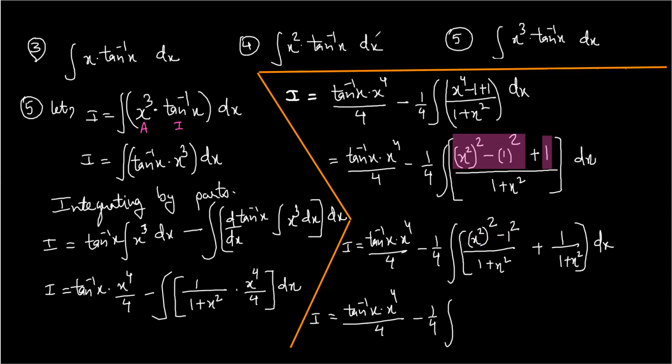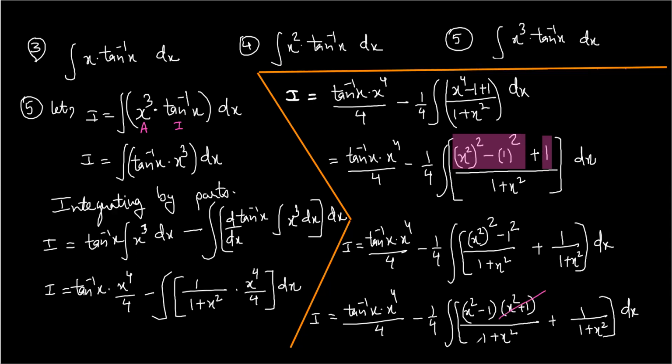So what do I get here? I get here a minus b into a plus b. So I get here x square minus 1 into x square plus 1, upon 1 plus x square plus 1 upon 1 plus x square and dx. Okay, what happens next, students?